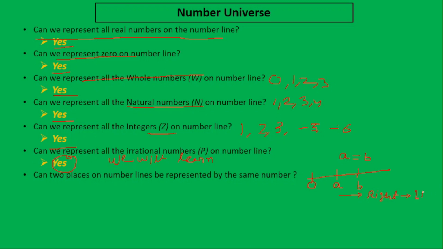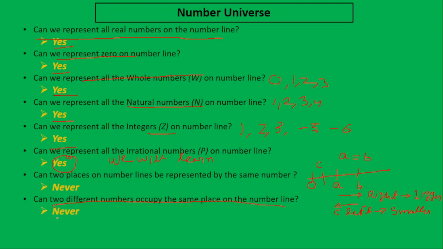Hence this can't happen because A and B are equal. Now put B on the leftward side. It can't happen because a leftward number is smaller. So a single number can't occupy two different places on the number line.